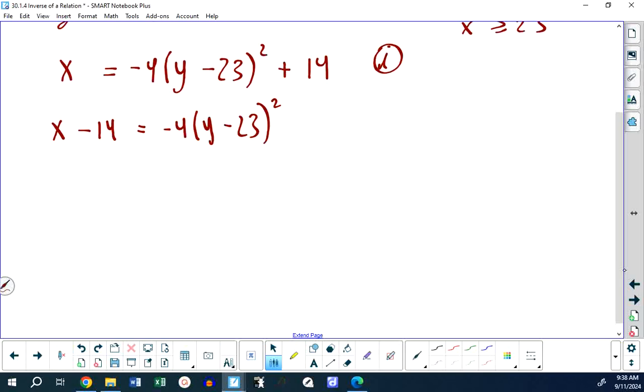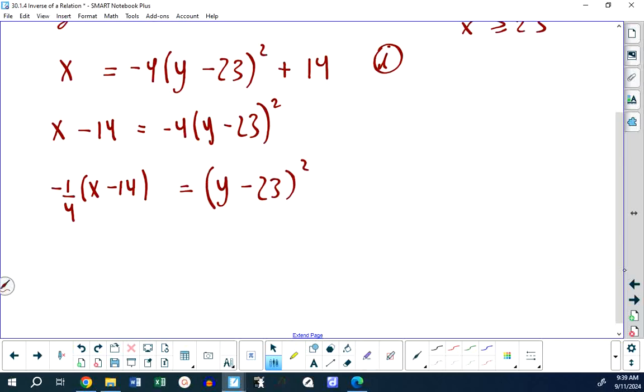I might be inclined here to just write that. Or you could go over -4. I don't think it's really beneficial for us to go -1/4 x minus -14 over 4, -4. I think this is good enough. Okay. This is equal to y minus 23 squared.